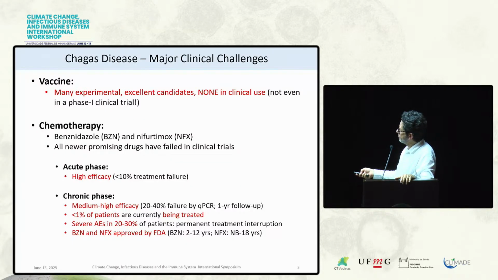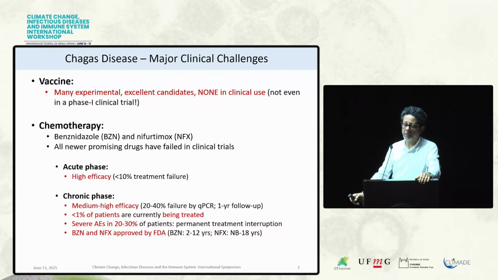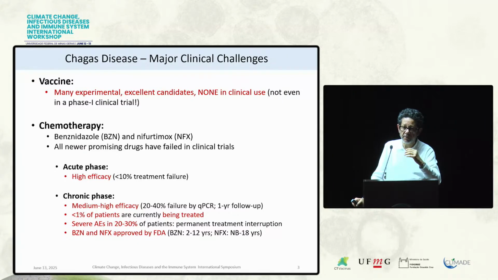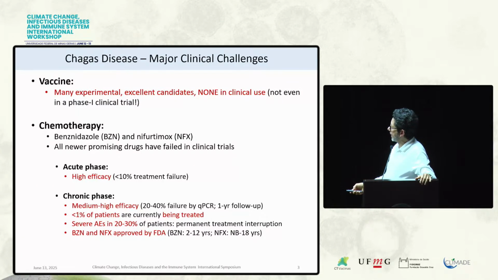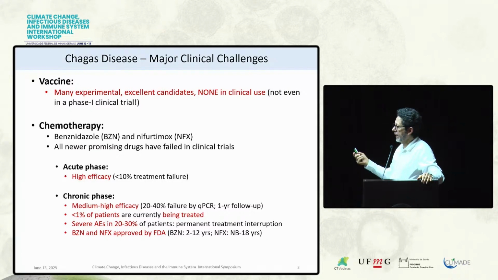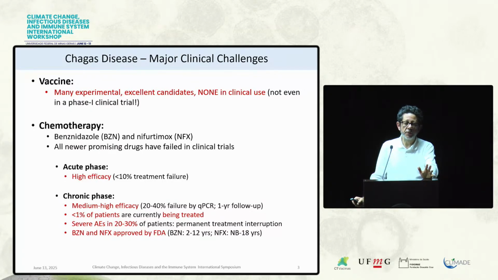But despite the efficacy being medium-high, depending on how you follow up, less than 1% of chronic patients are being treated. So you still have millions and millions of people with no treatment. As to severe adverse events or side effects, it happens in 20-30% of the patients, and that leads to permanent treatment interruption.